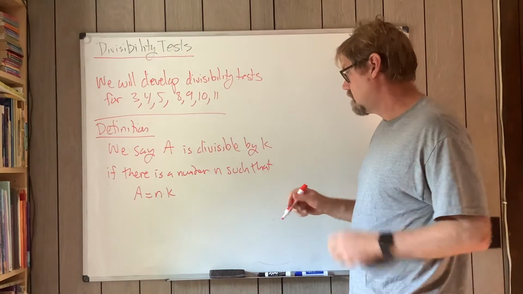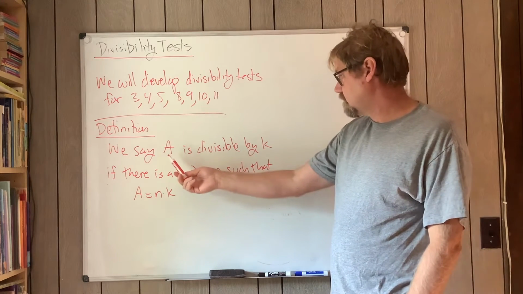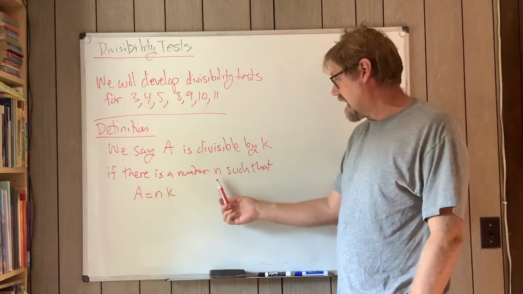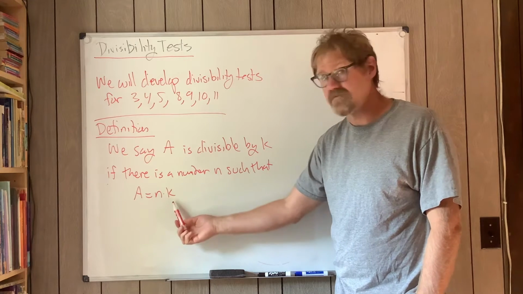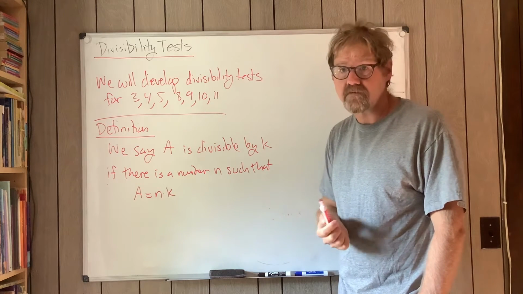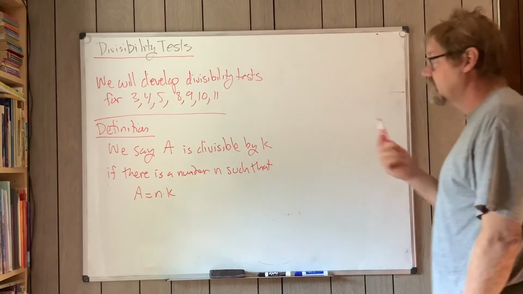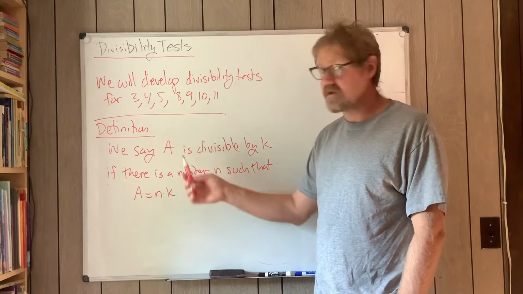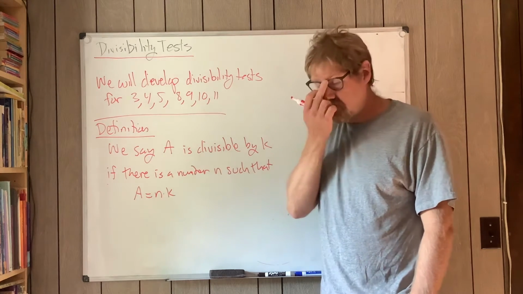Okay. So this is the general thing. For example, we say 10 is divisible by 2 if there's some number n so that 10 is something times 2, and that something is 5. The other thing I want to point out is that in this chapter we're going to be doing more algebra-level things, using variables.